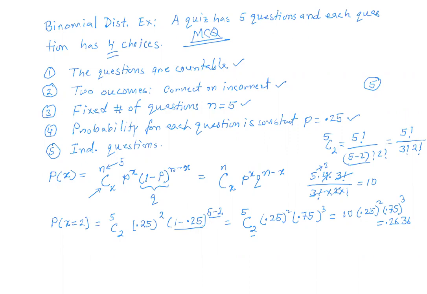Similarly, you could do 4 questions right. What is the probability that someone will get exactly 4 questions right out of 5?